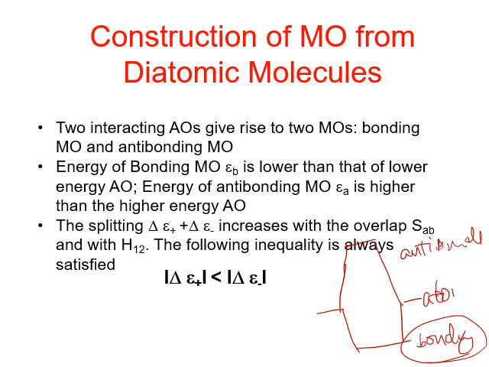And the energy of the anti-bonding molecular orbital is higher than the atomic orbital energy. The splitting of the anti-bonding, delta E, is greater than the splitting of the bonding molecular orbital.